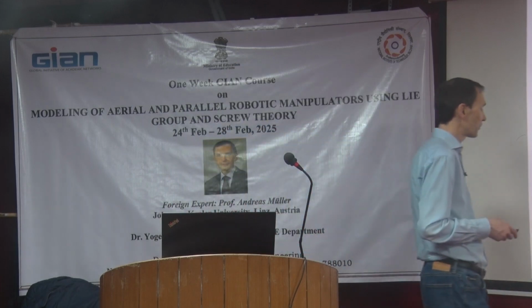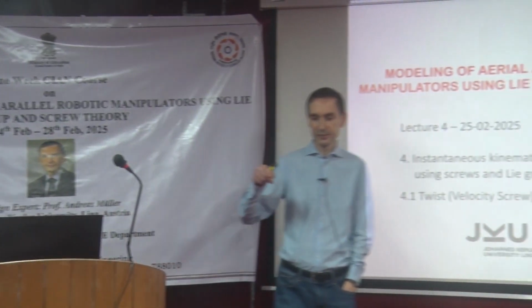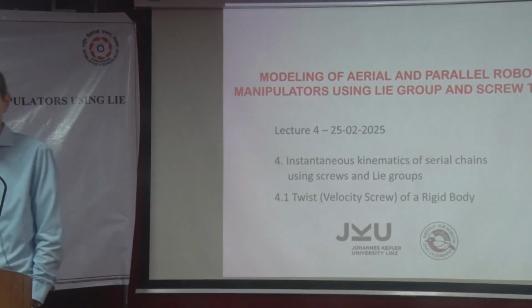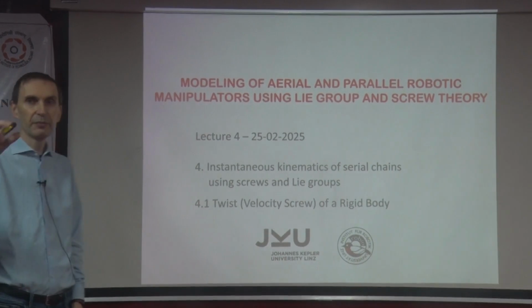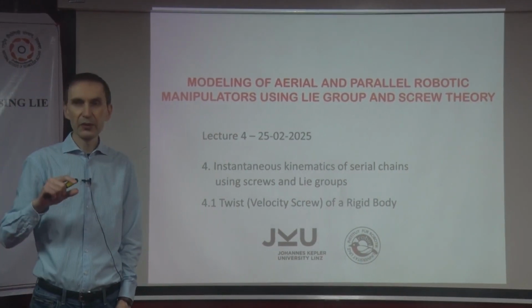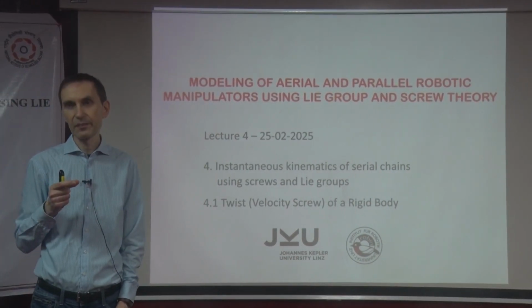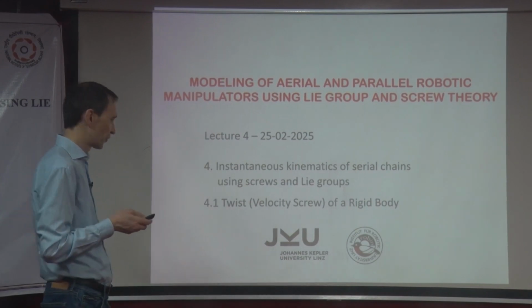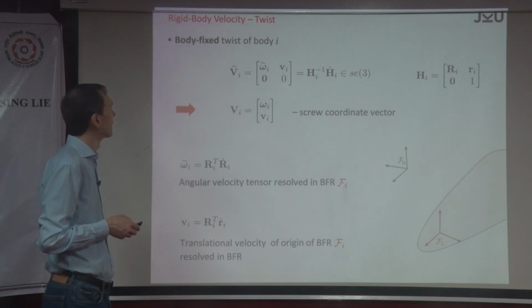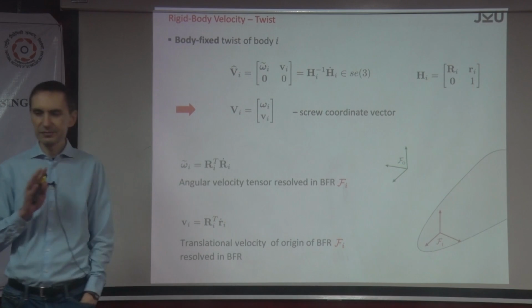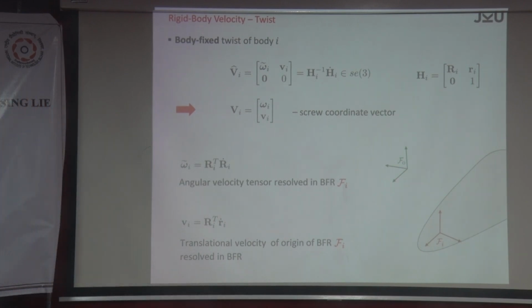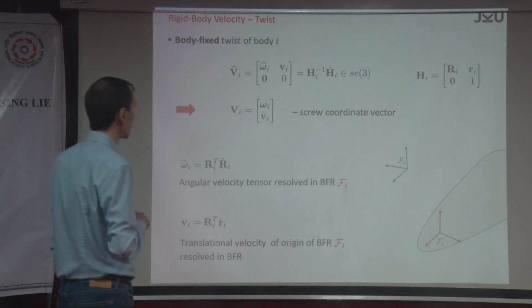Okay, as we said yesterday, there are names for velocities. When you plug the angular part and the linear part together, they are normally called twist vectors, or velocity screws. This is also a term that you find. We need to maybe recall or introduce what we really mean by velocity and how we define velocities.